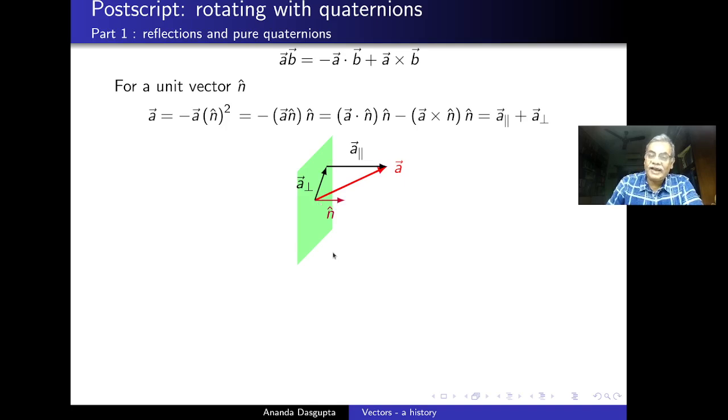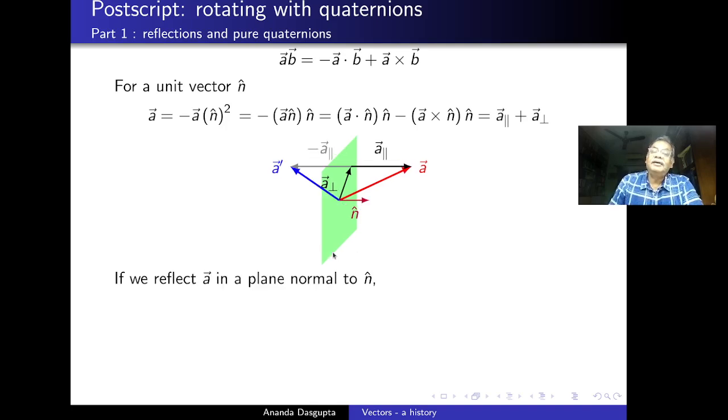So the reflected vector A prime is going to be given by the same A perpendicular, but a reversed A parallel, minus A parallel, and that's going to give me my A prime, the reflected vector. So A prime is of course minus A parallel plus A perpendicular.